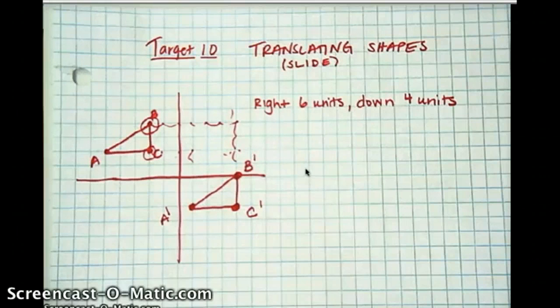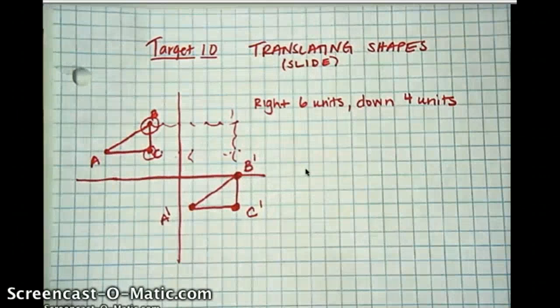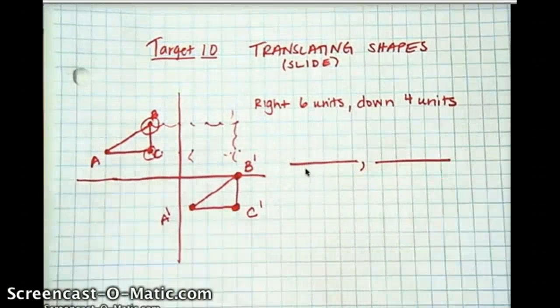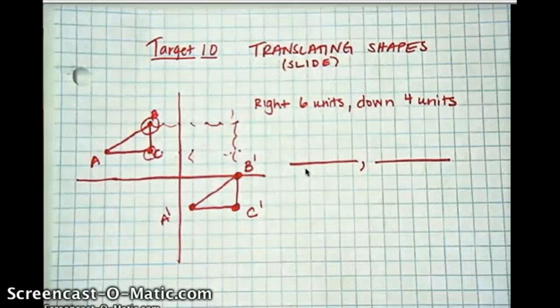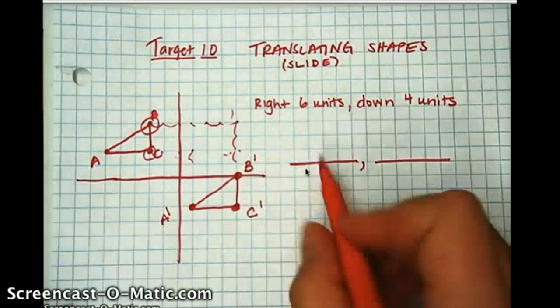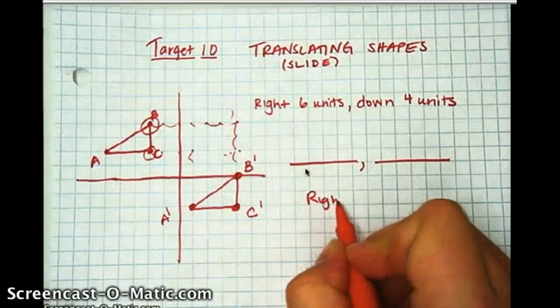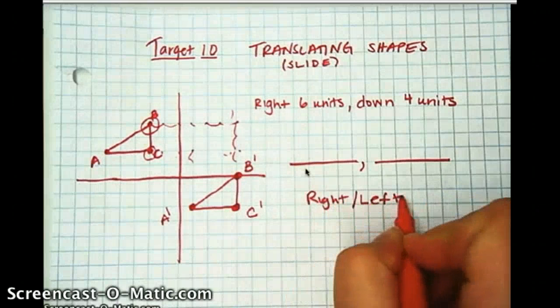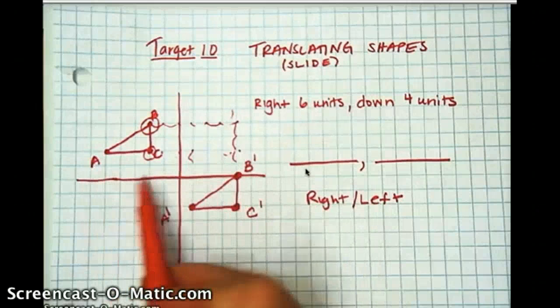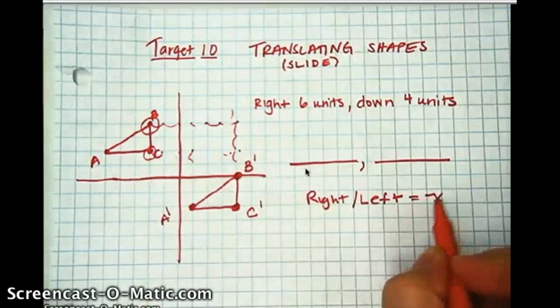Now, when translating, sometimes they're going to ask you for a rule for the translation. Okay? So the rule is, how do you move it in the X direction and how do you move it in the Y direction? Whenever you're going right or left, you're moving in the X direction.